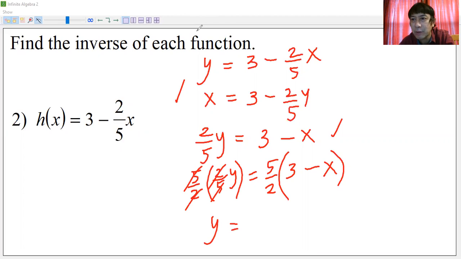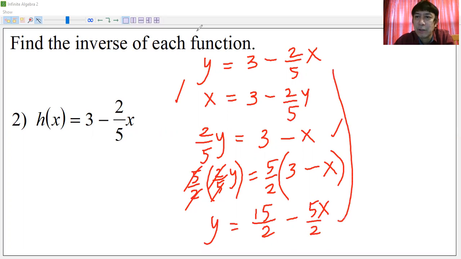We can actually distribute that 5 over 2, making this 15 over 2 minus 5x over 2. And we can write the answer: y is equal to negative 5x over 2 plus 15 over 2.